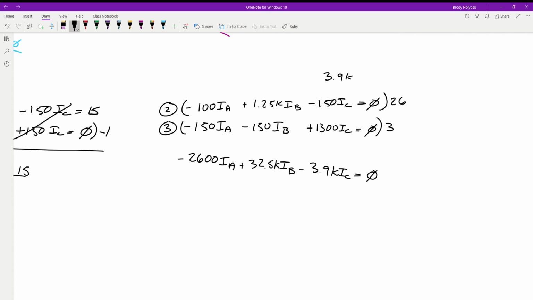Then we carry the 3 through, so we get negative 450 IA minus 450 IB plus 3.9K IC, and that is all equal to 0. Any questions here?